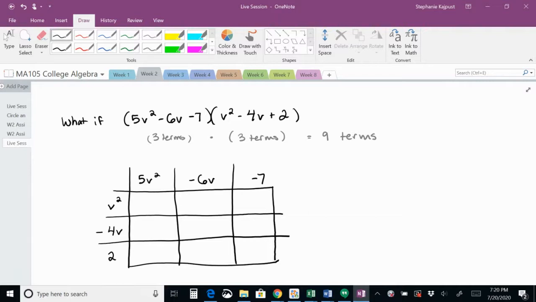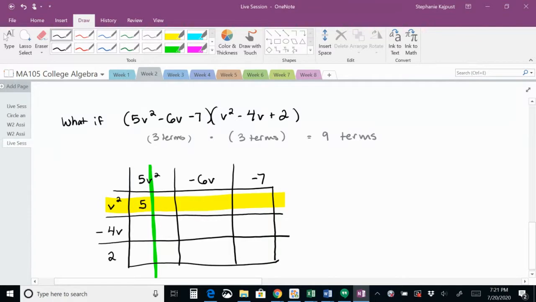So this works like a regular multiplication table with numbers where you are multiplying a row by a column. So we're basically taking this row and then I'm multiplying it by what's in the first column. So the box that has both is going to be a v squared times a 5v squared. So you're multiplying row by column where they intersect. That's what you're multiplying together. So v squared times a 5v squared. So it's basically a 1v squared times 5.